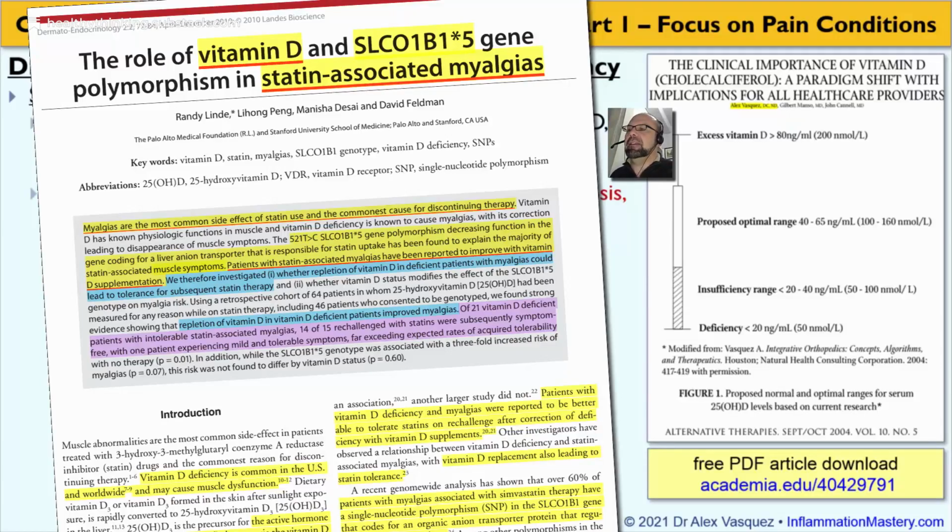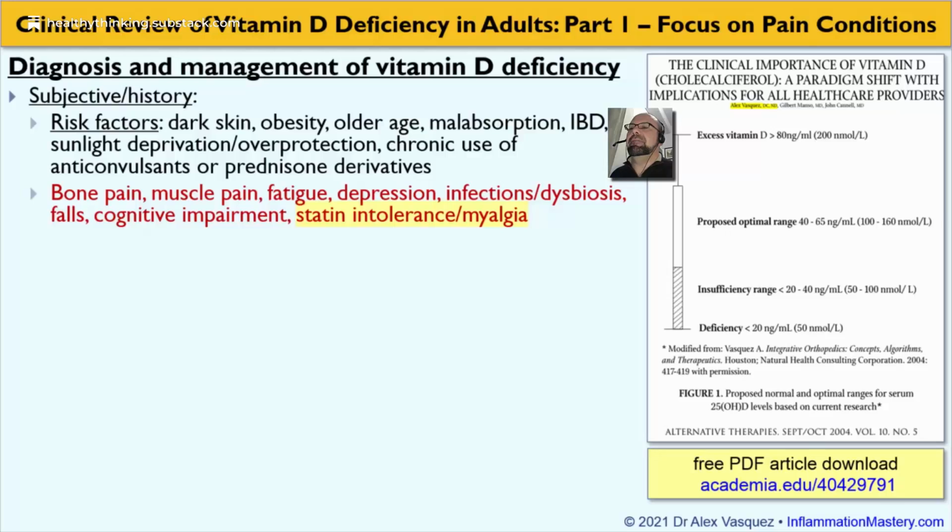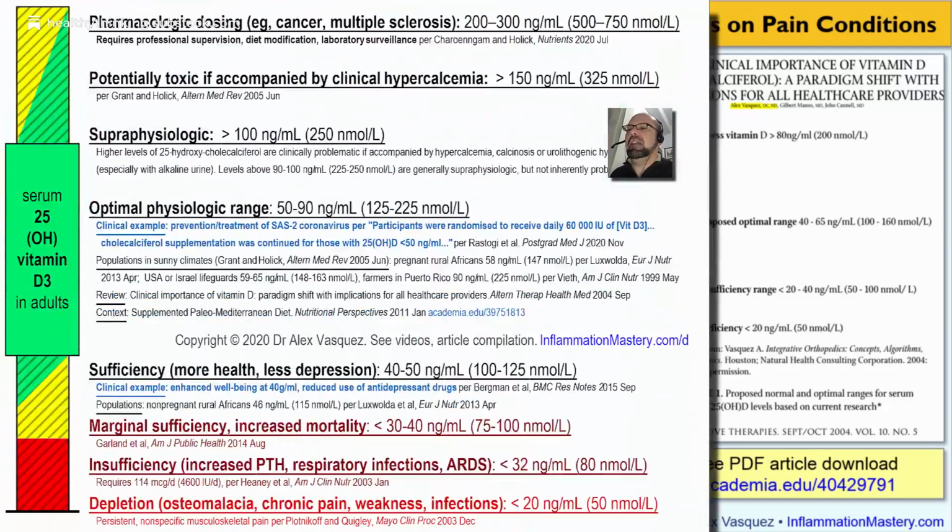In the past, we used to distinguish between vitamin D deficiency and insufficiency. We should call all of it deficiency, and obviously some deficiencies are more grave than others. But rather than split hairs between deficiency and insufficiency, let's just call everybody deficient if they have less than 32 nanograms per milliliter or 80 nanomoles per liter. That's really the physiologic cutoff for vitamin D deficiency.